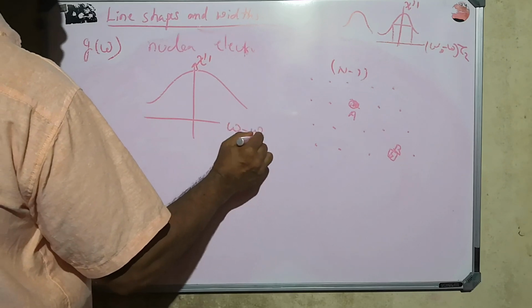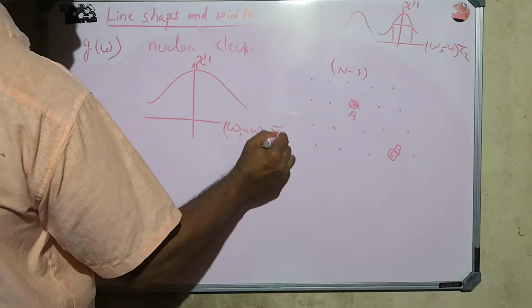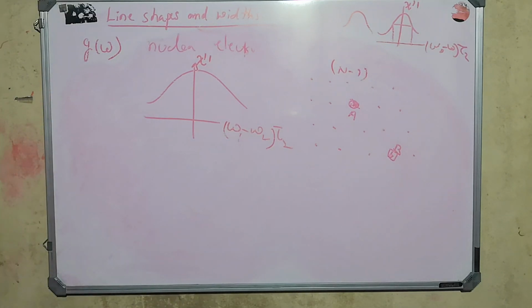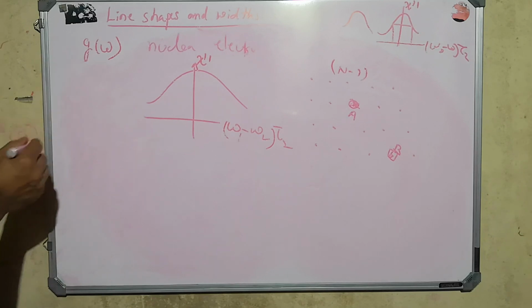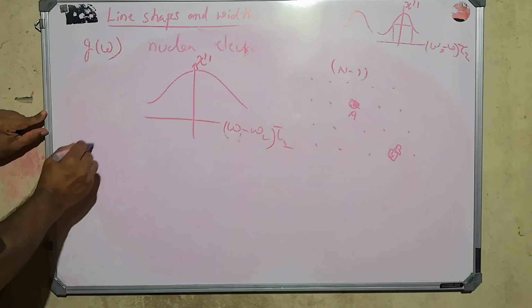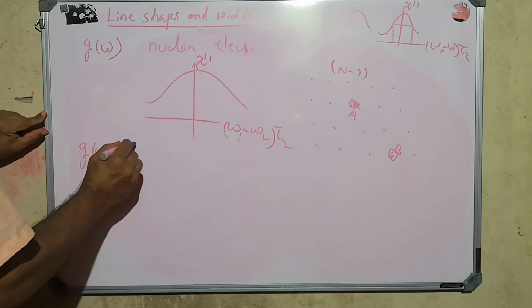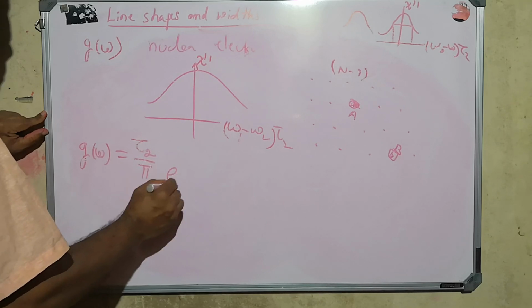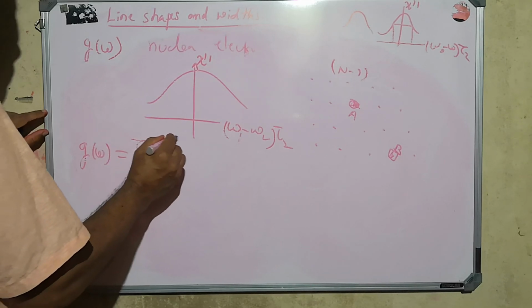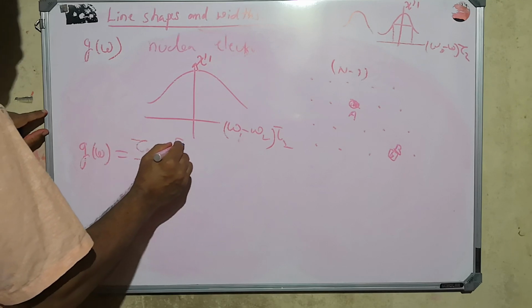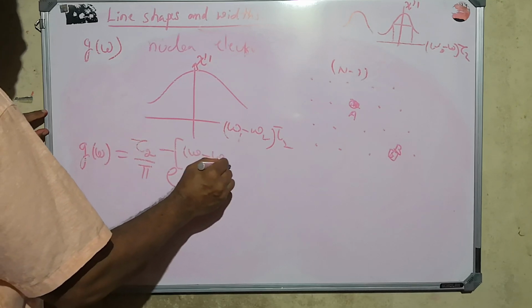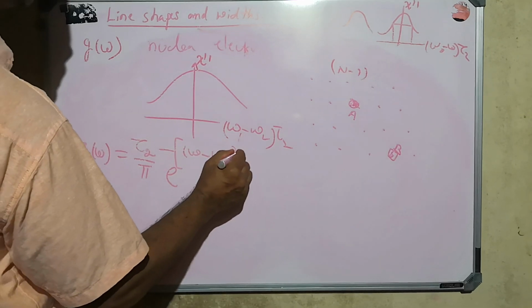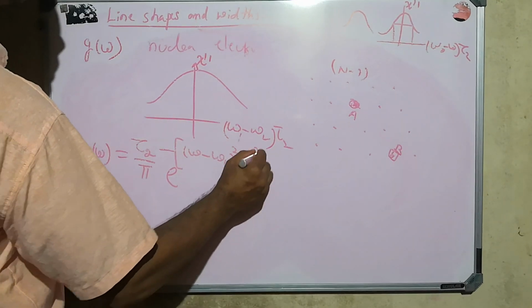You can consider omega minus omega L, or omega naught, where omega naught equal to omega L is nothing but the Larmor frequency. So almost it is a Gaussian. For solids, the normalized function g of omega is equal to tau 2 divided by pi into e to the power exponential minus (omega minus omega L) whole square into tau 2 square divided by pi.